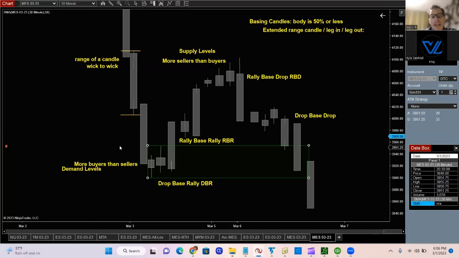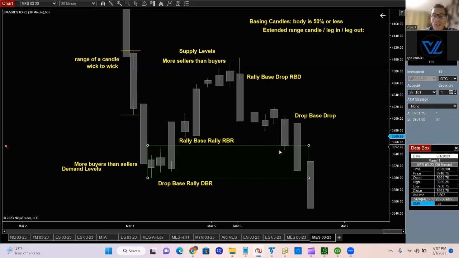That doesn't mean I just put my order right on this line, but I draw out the whole area for reference. If I see other factors when price gets to this area, and I don't have a limit order and I'm waiting to see how price moves in this area, maybe on a smaller time frame, I just want to know for reference, am I in that basing area?